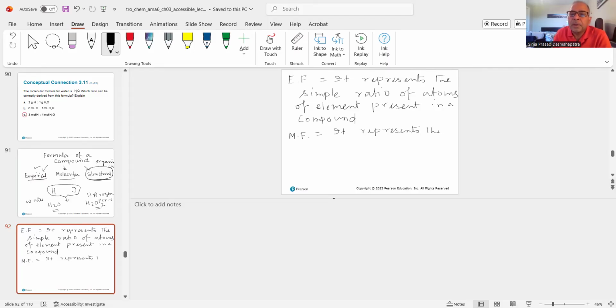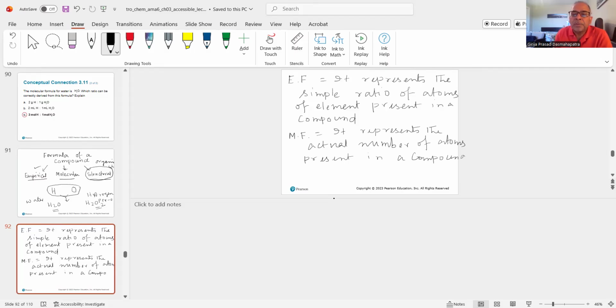the actual number of atoms present in a compound. Okay?